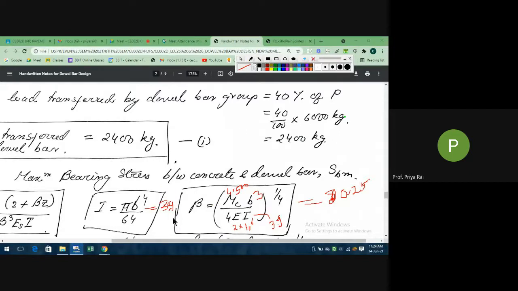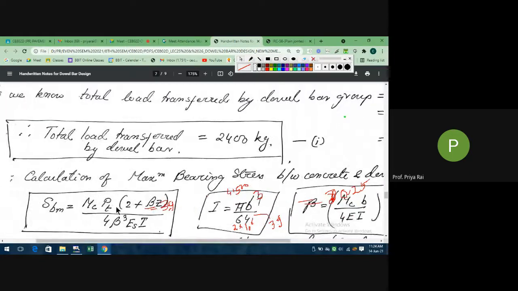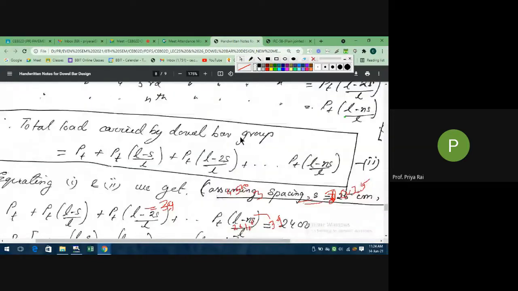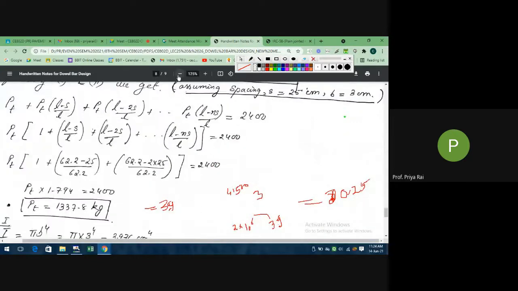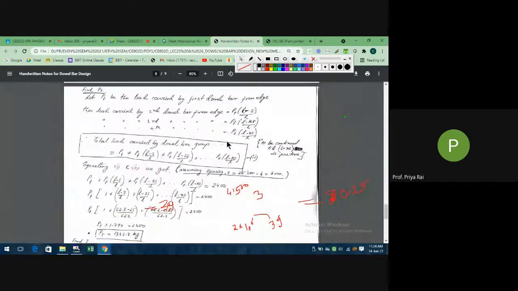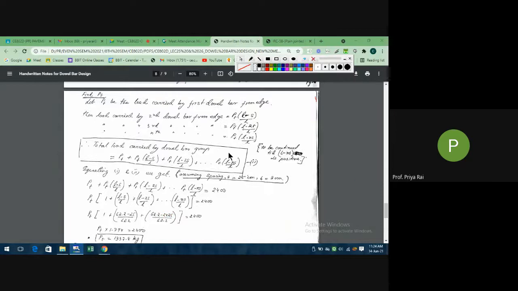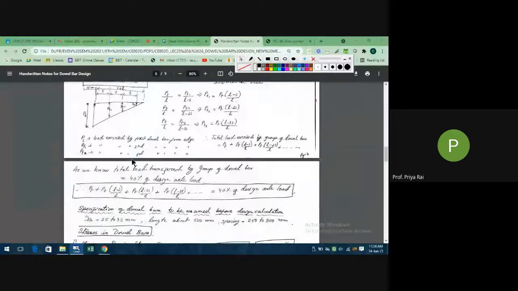Now we will go for calculation of PT. For calculation of PT, what was the formula? This is the formula. See here.